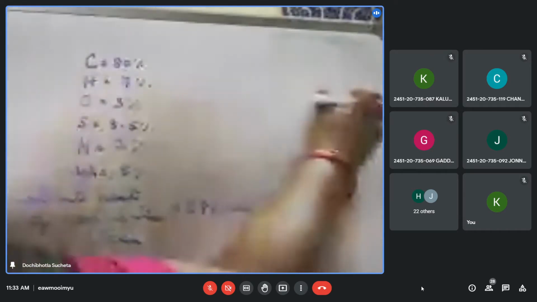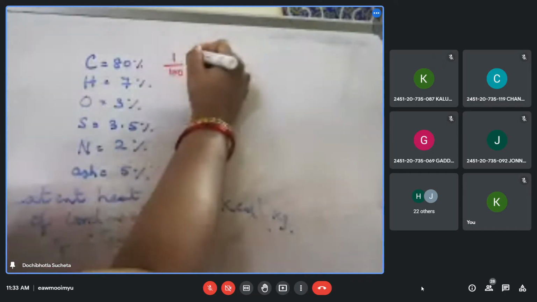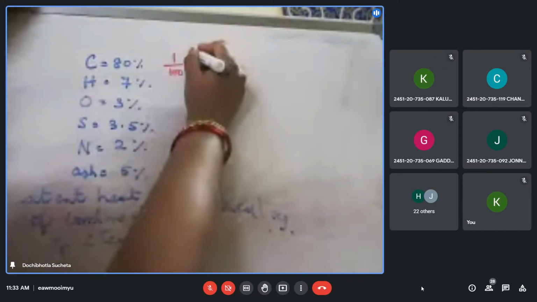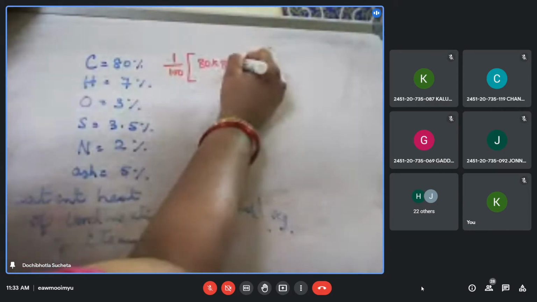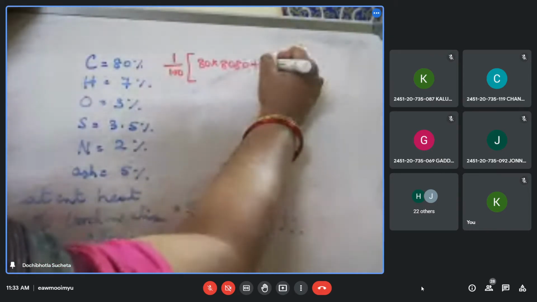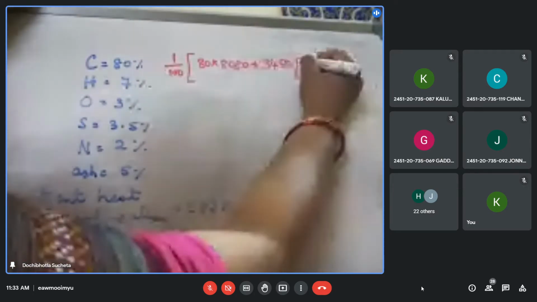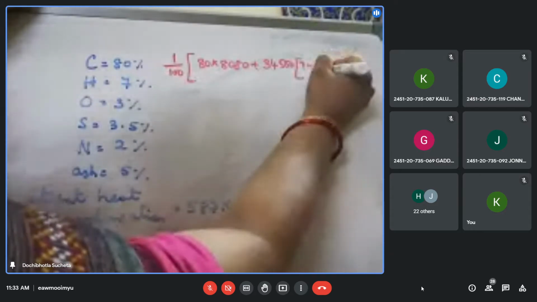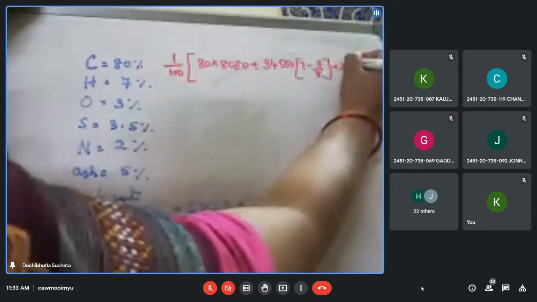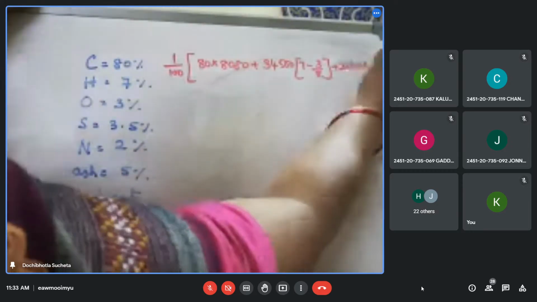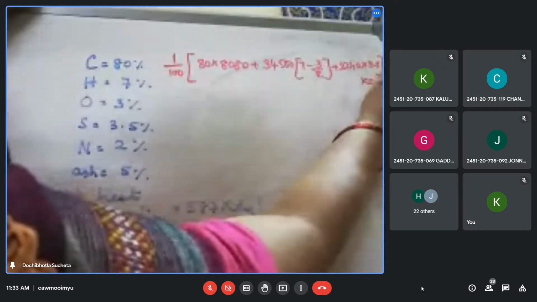Long formula, I'll write it out. HCV or GCV is equal to 1 by 100 into 80 into 8080 plus 34,500 into (H, which is 7, minus 3 by 8) plus 2240 into 3.5, in kilocals per kg.